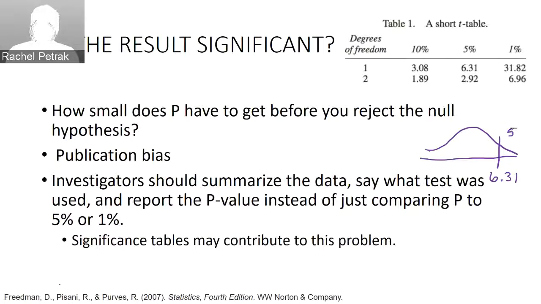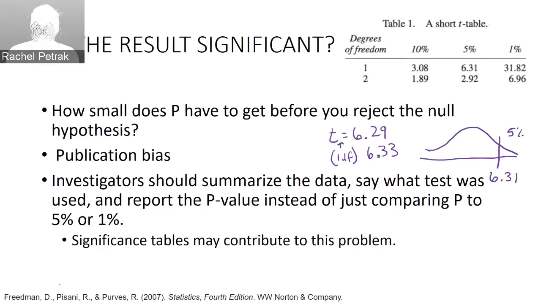But if we observed a value, t for 1 degree of freedom, if we observe a t of, let's say, 6.29, is that an extremely different result than if we observed one of 6.33?